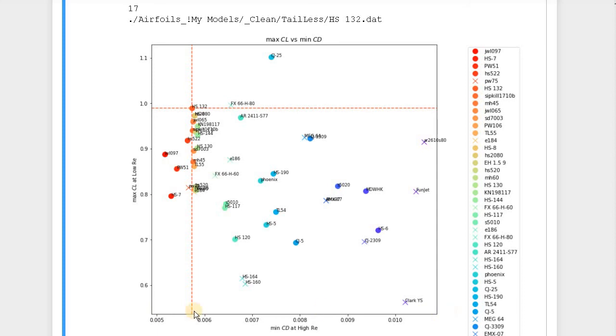Here's the drag curve, so the drag at high speed. You want to have the airfoil close to zero because you would like to have small drag at high speed. The y-axis is the lift coefficient at small speed. Basically it defines the slowest speed at which you can fly. So you'd like to have those airfoils here. The higher the airfoil is, the slower the plane can fly.